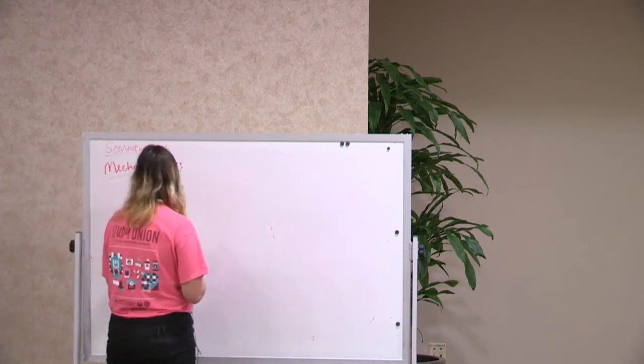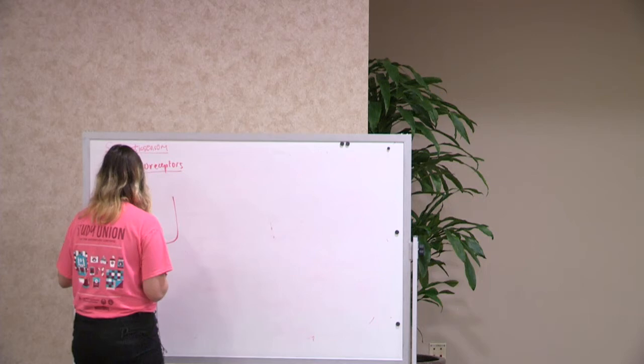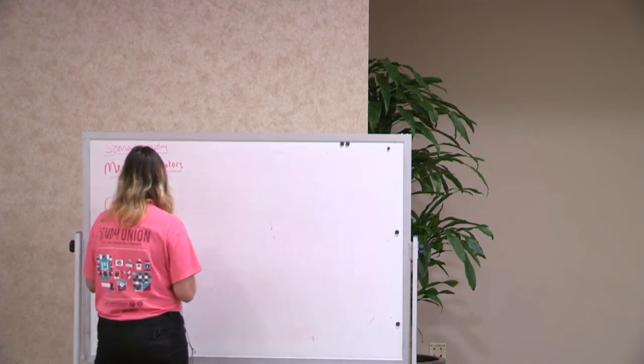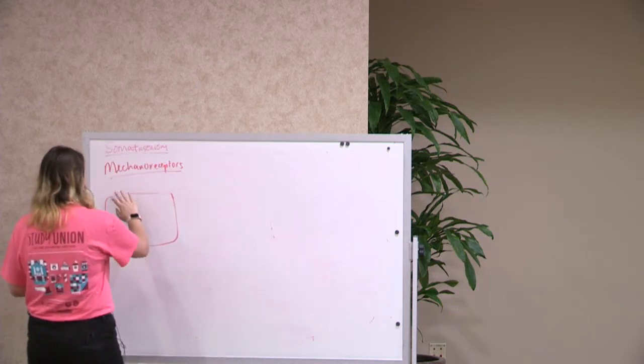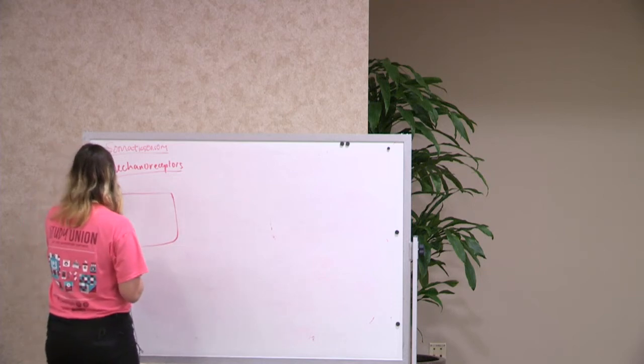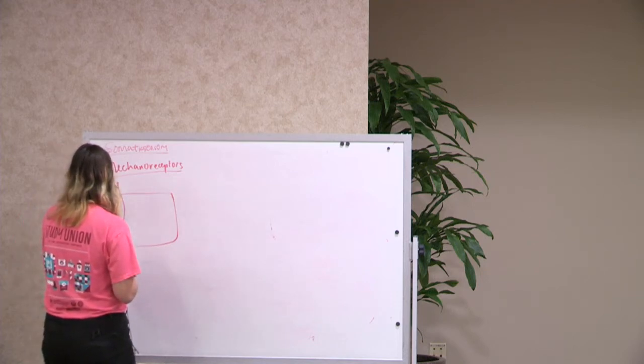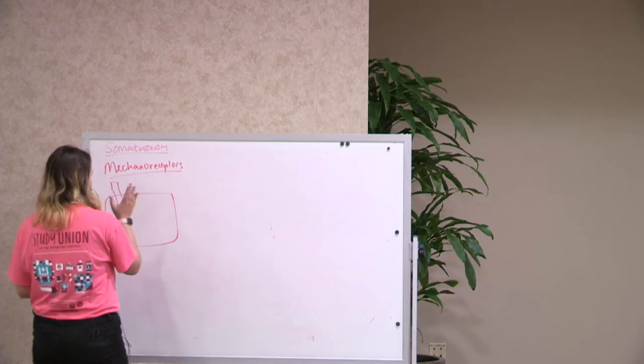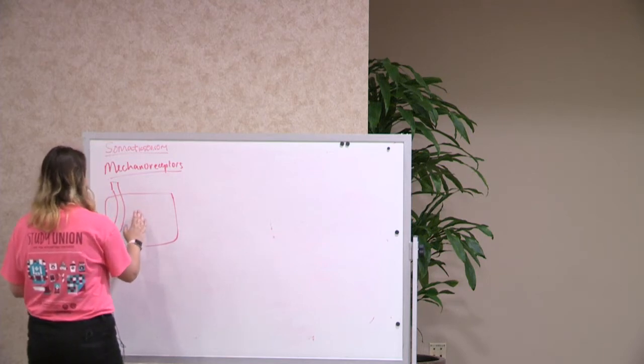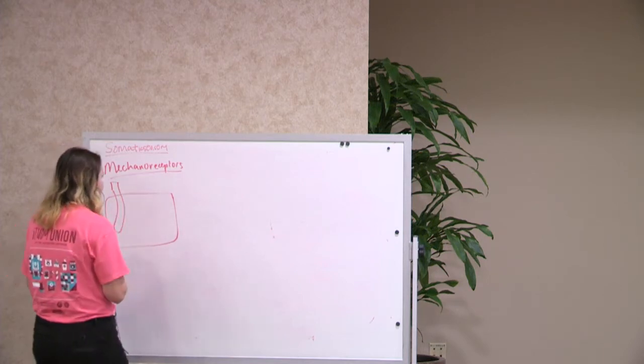So you guys have probably seen a picture, but if this was a cutout of your skin, so the top, like if this was a hair follicle or something. So this is like looking within the skin. You have 4 mechanoreceptors.